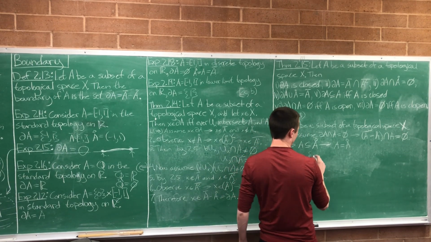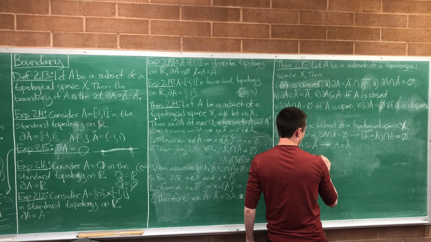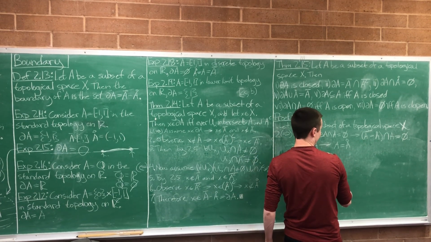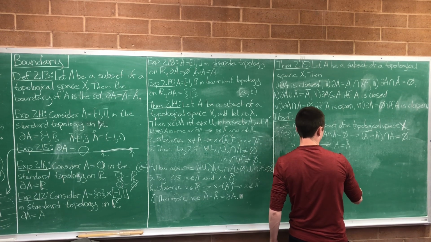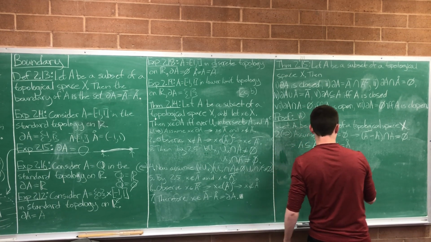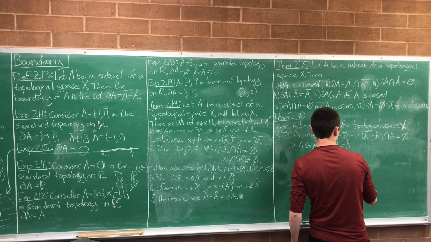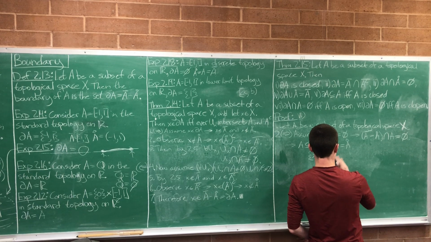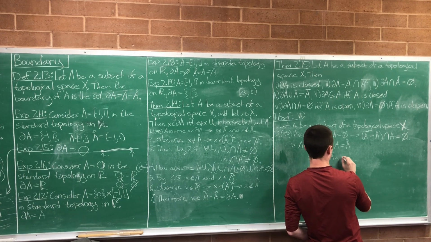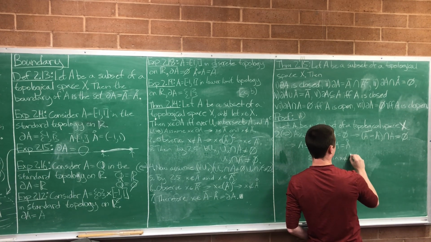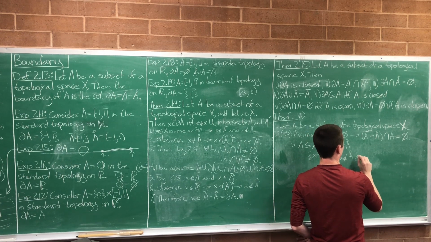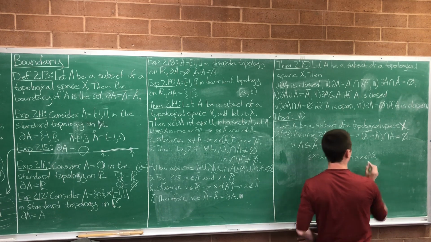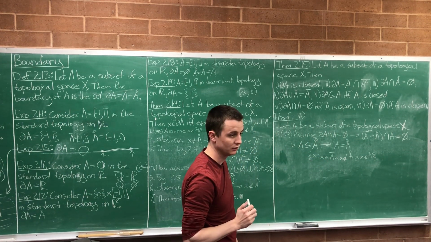Because what is that? That's a set of all X such that X is in A closure and X is not in the interior and X is in A. So we know that this set is empty.